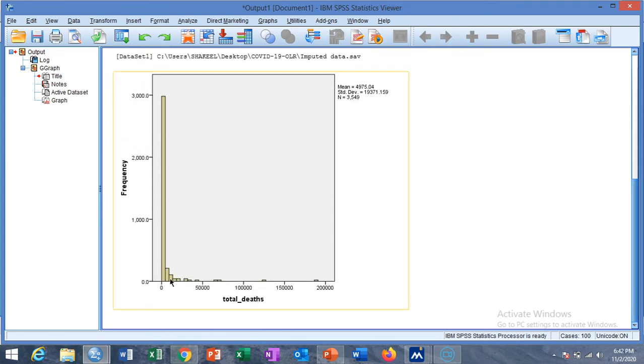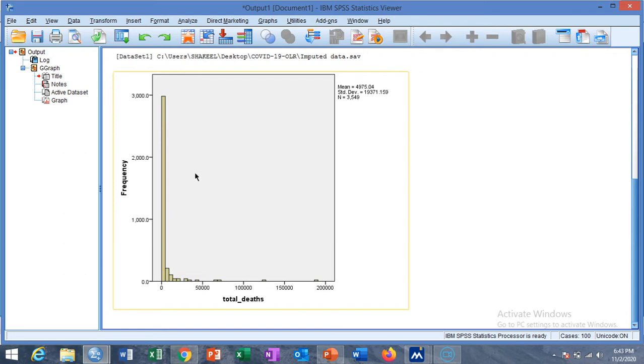Mostly countries have zero cases of, or near to zero cases of COVID-19 deaths. This is the number of deaths, and this is the frequencies or number of countries having total death in these categories.